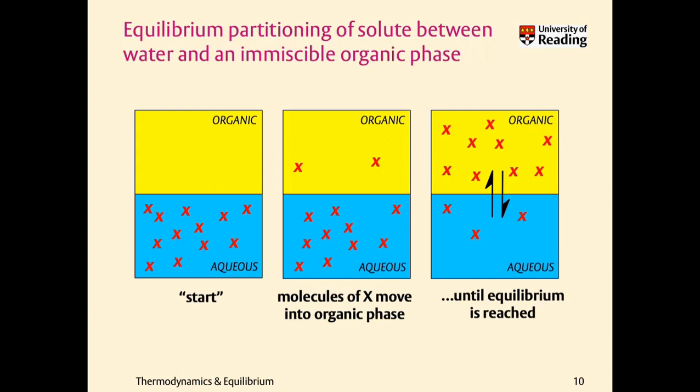And so at this point we have equilibrium. You can see that at our equilibrium point, there are more molecules now in the organic phase. So this molecule is fairly lipophilic. It likes the organic phase more than the aqueous phase, but it is soluble in both phases.